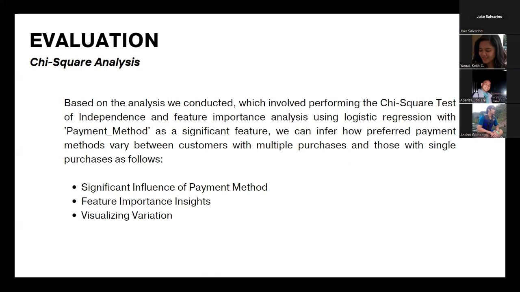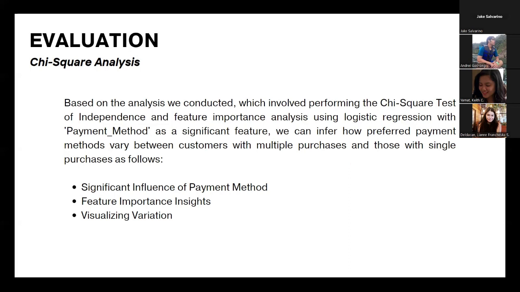For the feature importance insight, the feature importance analysis highlighted the importance of payment method in the logistic regression model for predicting purchase behavior. This indicates that the choice of payment method is a critical factor in understanding and distinguishing between customers with different purchase patterns. For visualizing the variation, a feature importance visualization, such as a bar chart, would show the relative importance of payment method compared to other features in predicting single or multiple purchases.